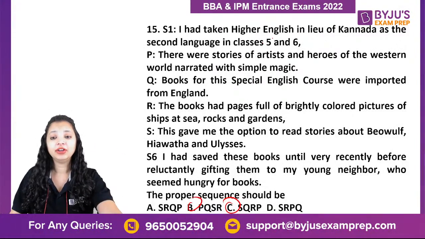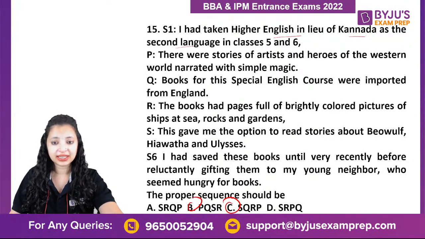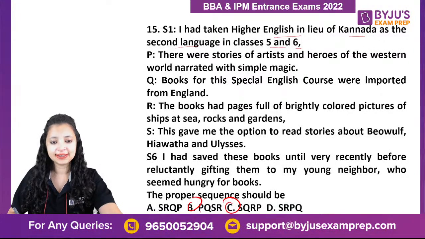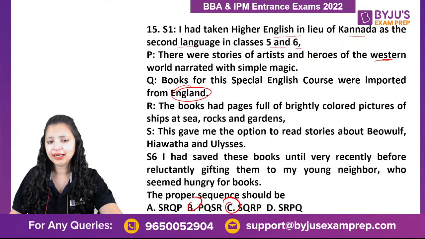So I had taken higher English in lieu of Kannada as the second language in class 5 and 6. Okay, so C says, or B says, there were stories of artists and heroes from Western world. ये Western world England नहीं है, तो पहले England आना चाहिए ना.